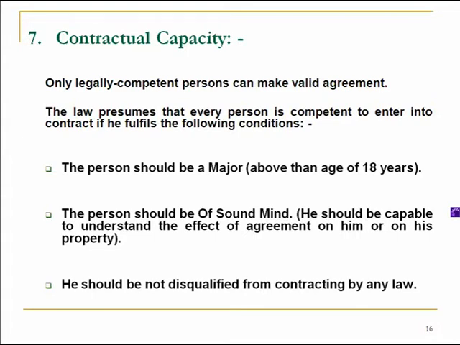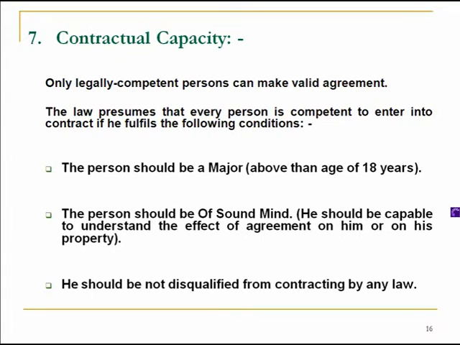If he is not able to understand the effects rationally, he is of unsound mind. And third, the person should not be disqualified from making a contract by any other law. If he has received imprisonment or some other legal penalties, then it will be a barrier on him.